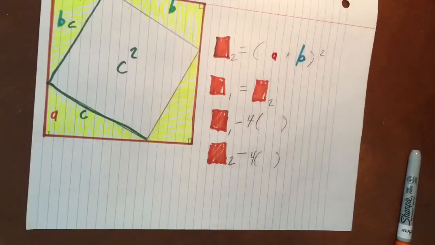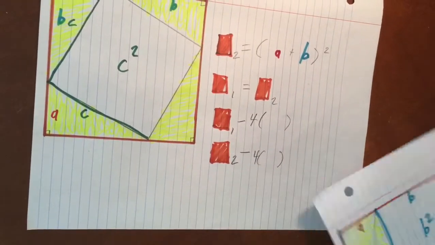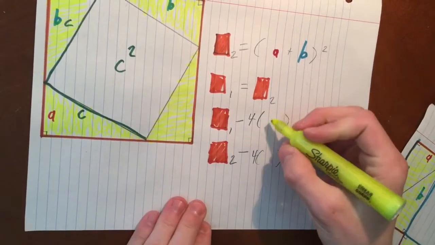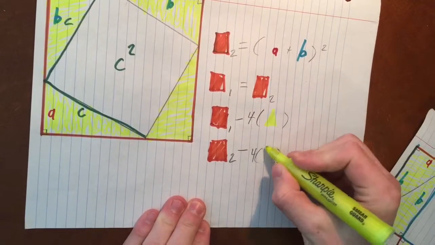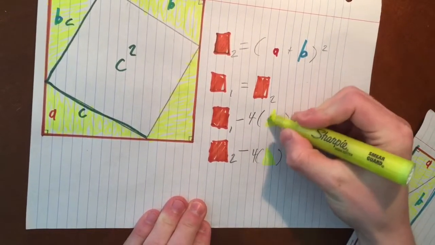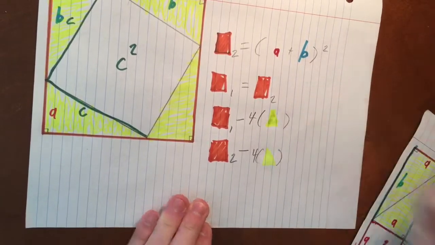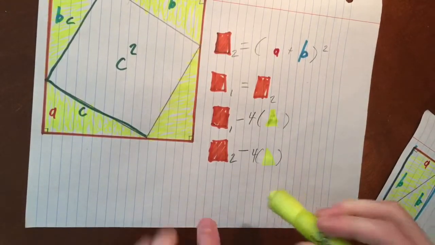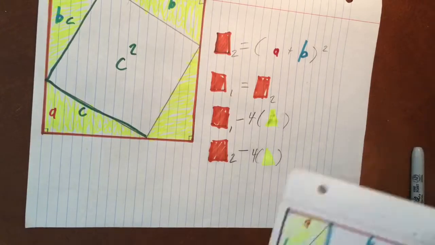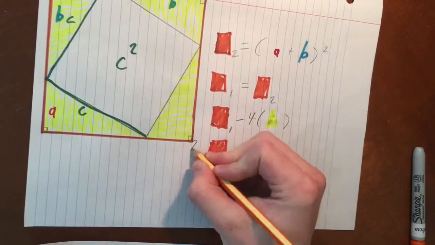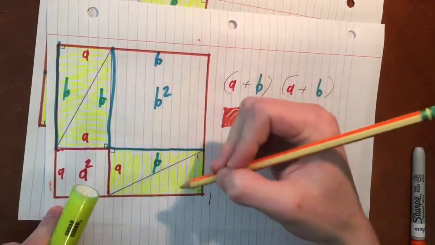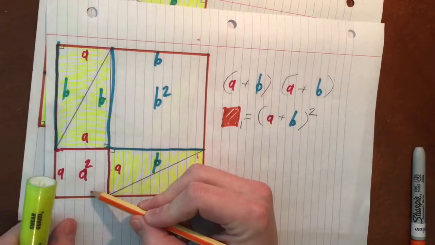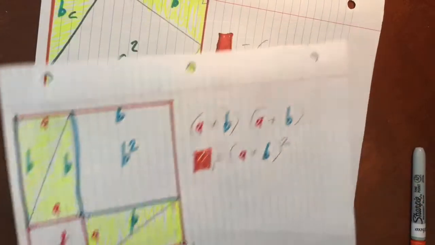Okay, sorry, there's a bit of a cut there. But, so we take these 2 orange squares, and we subtract the 4 yellow triangles from the orange squares, so if we called this the first one, and the second one, so this first one, when we take out these 4 yellow triangles, we see we have A squared and B squared, right?